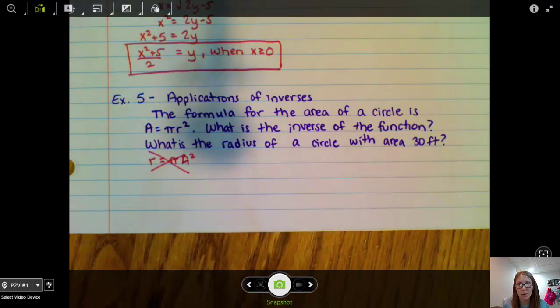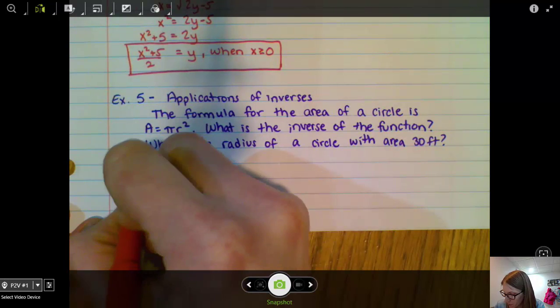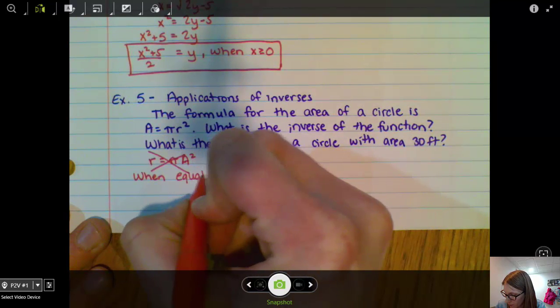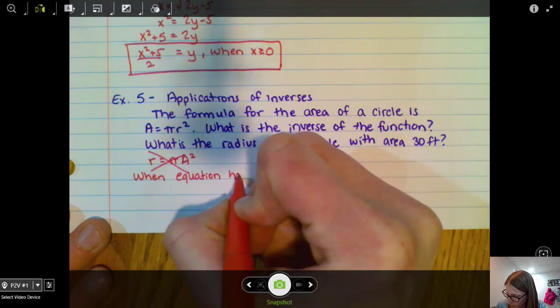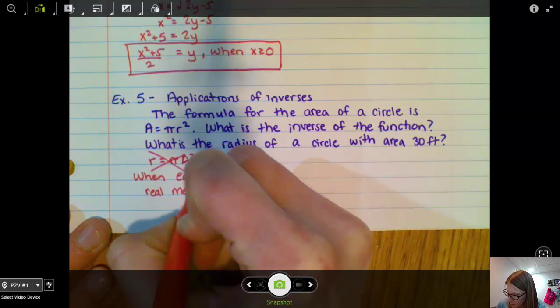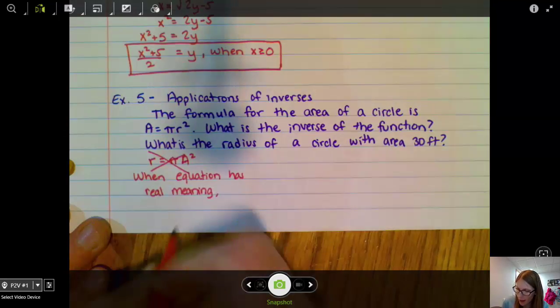Okay, so when we are doing applications, when our equation has a real meaning, we don't want to switch our variables around. We just want to find what the other variable equals. We want to solve for the other variable. Okay, so I'm adding that note here.